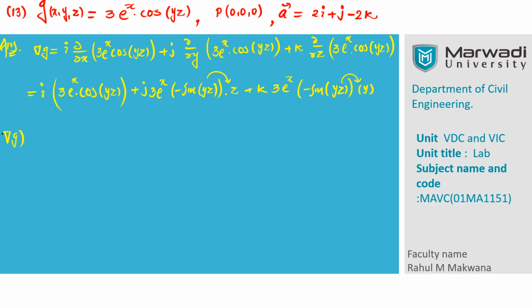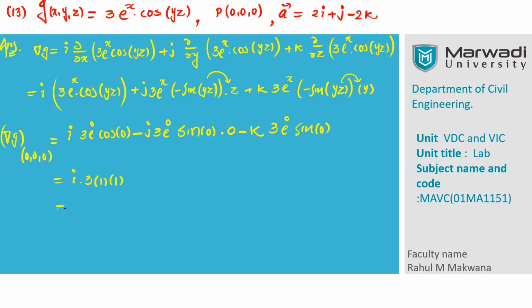So nabla g at 0, 0, 0 is i 3e raised to 0 cos 0, plus minus j 3e raised to 0 sine 0, and this one is 0, plus minus k e raised to 0, again sine 0 will be 0. So this is i 3 e raised to 0 is 1, cos 0 is 1, and that is 3i only. The others are 0 and 0.